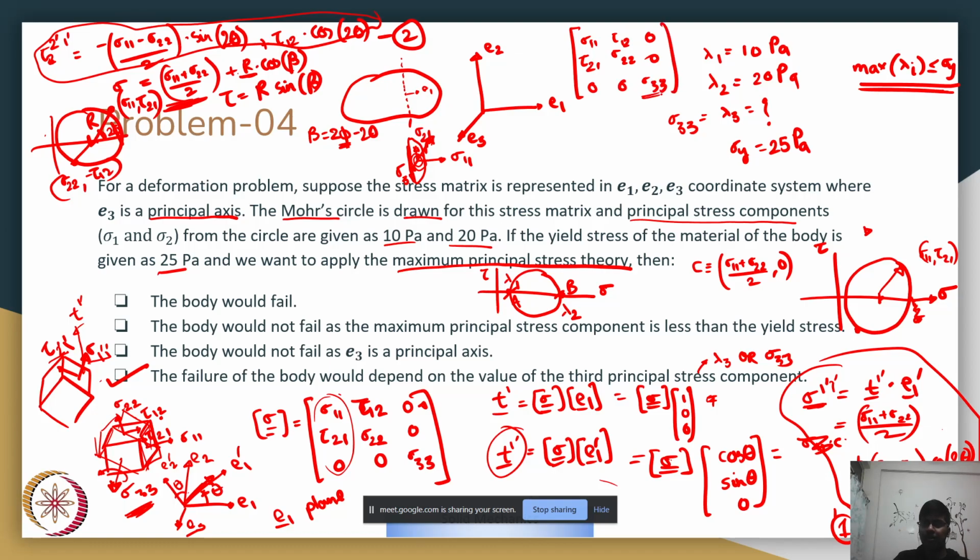So here the third thing was the principal axis. In our example, the first one is the principal axis, and the center of the Mohr circle was the average of these two, and the radius of the Mohr circle is the root of sigma 1 1 minus sigma 2 2 by 2 whole square, plus tau xy whole square.